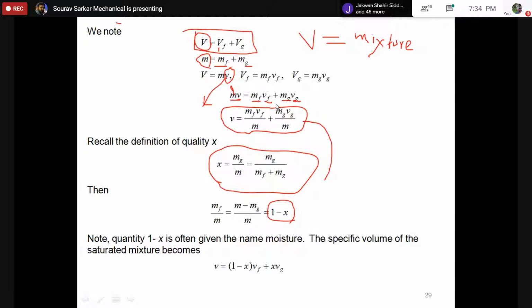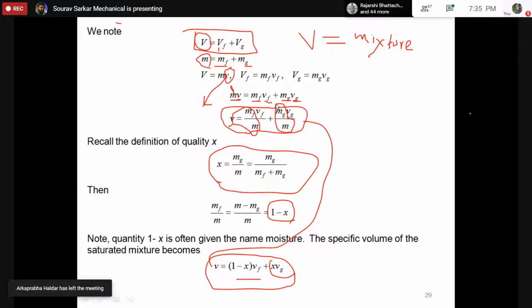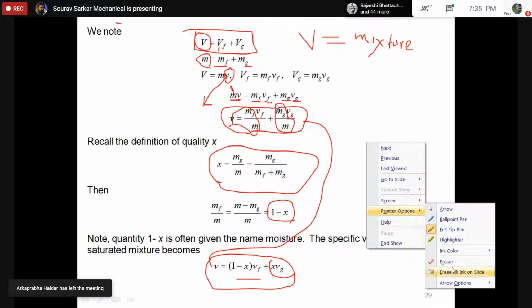So this expression can be written as my average volume equals mf by m, which can be replaced as 1 minus x into Vf, plus the remaining part mg by m, which can be written as x. So any average property can be written as the summation of the liquid state and the vapor state with some quality factor.